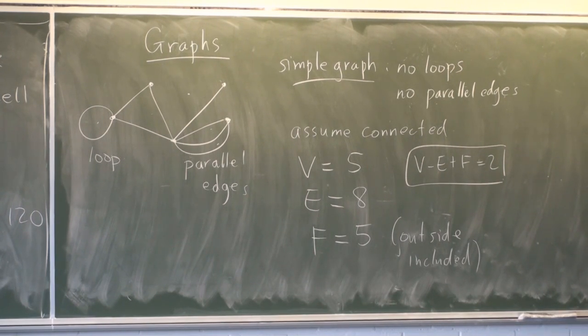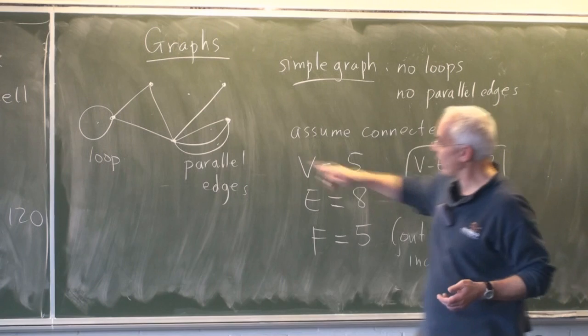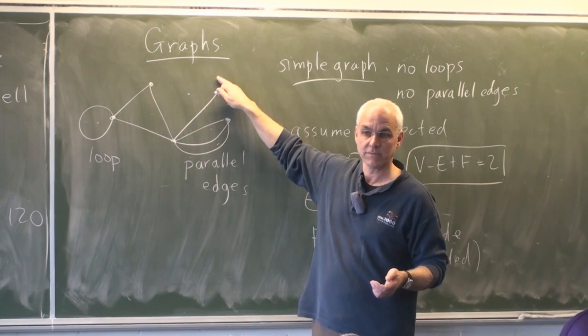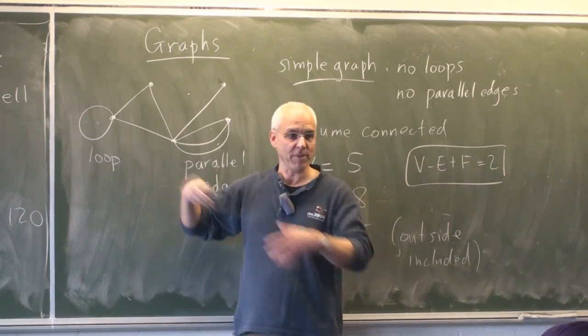This is a more general situation than the situation on a sphere, because we're also allowing things like this that we didn't allow before with polyhedra. We're also allowing loops and parallel edges.